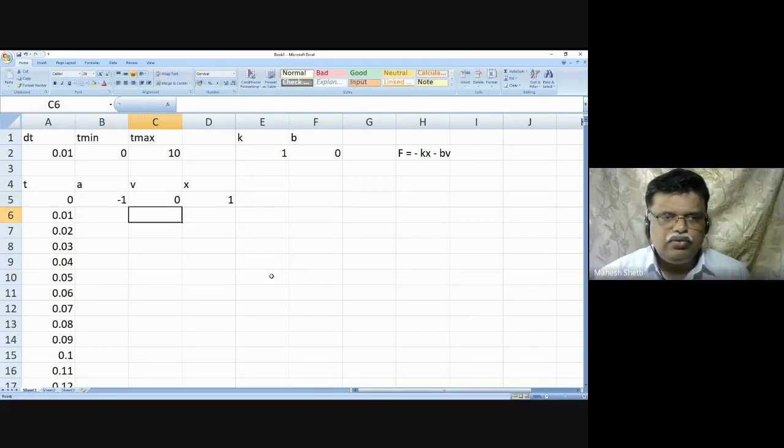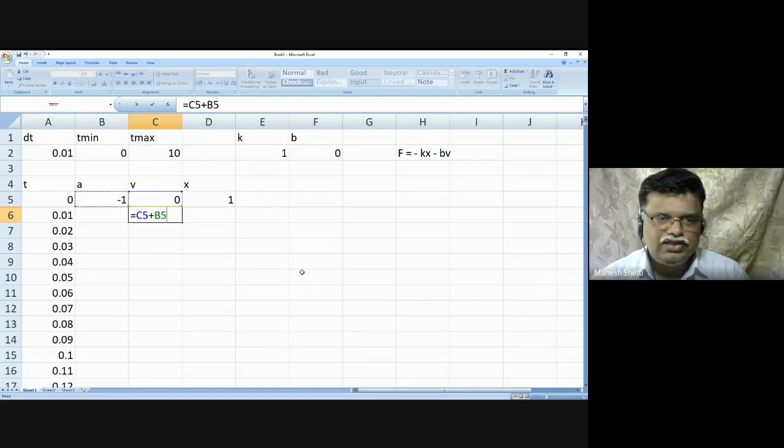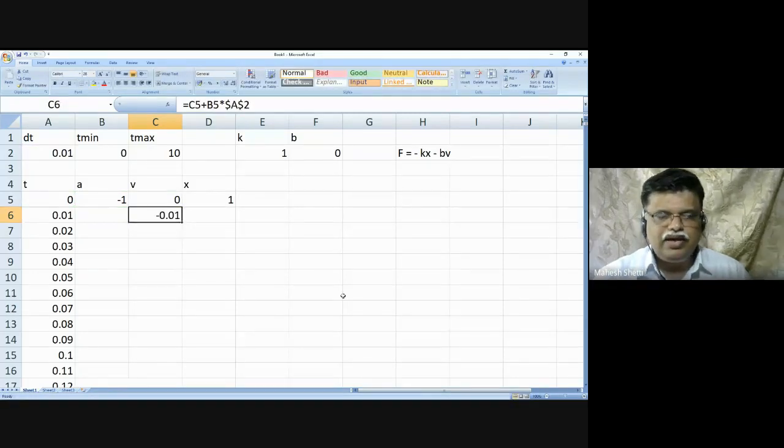Now I will calculate velocity based on the earlier acceleration. So the new velocity is going to be the old velocity value plus the acceleration in the earlier step that we have calculated, multiplied by delta t, which I am writing as $A$2. This is the velocity calculated at the first t.